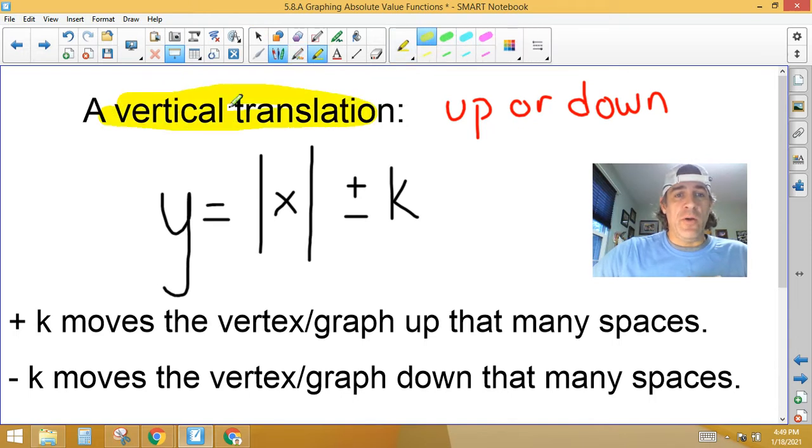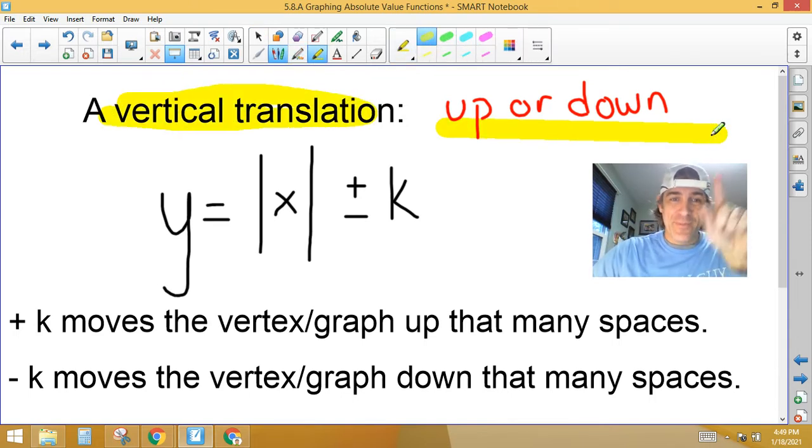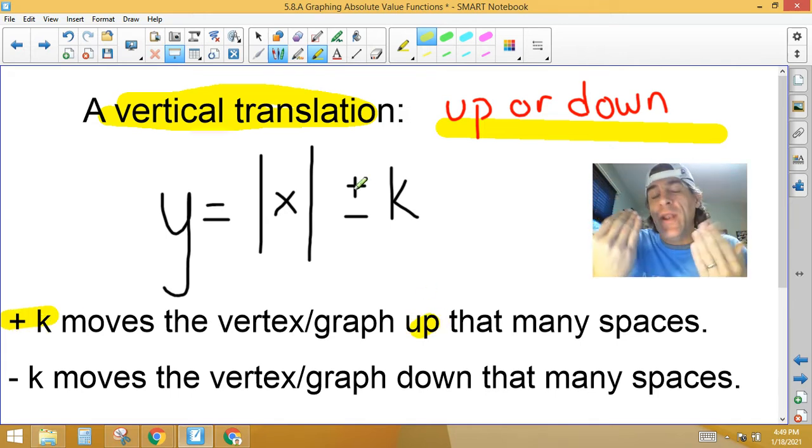The first is a vertical translation. Vertical, just to help you, is up or down. It would look like this: y equals the absolute value of x, and then plus or minus a number. That k is just the number they use, often for constant. They don't use c, but k. If you add k down here, plus k, it moves it up, kind of like a y-intercept in a way.